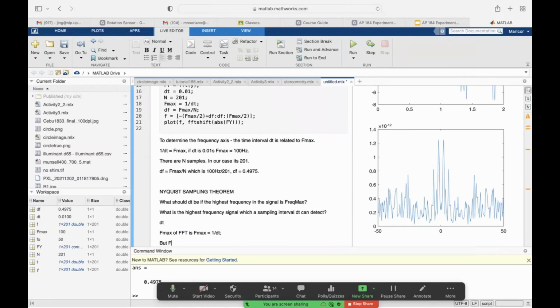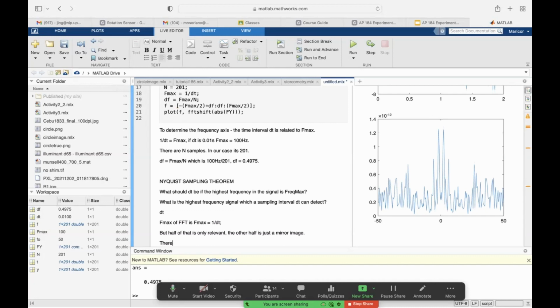But only half is relevant. Which, therefore, frequency max is equal to 1 over 2 dt. Yun.